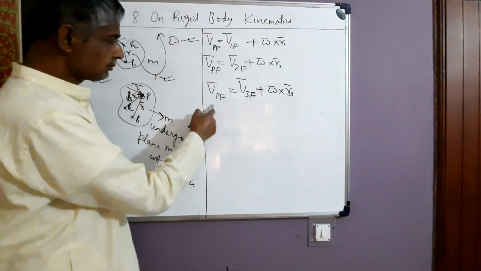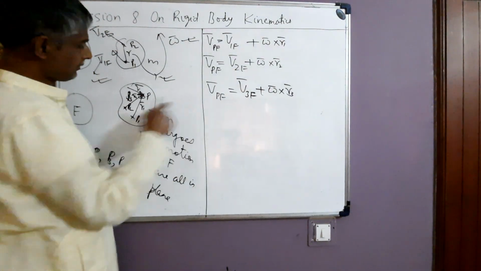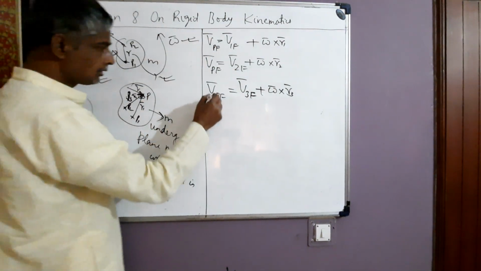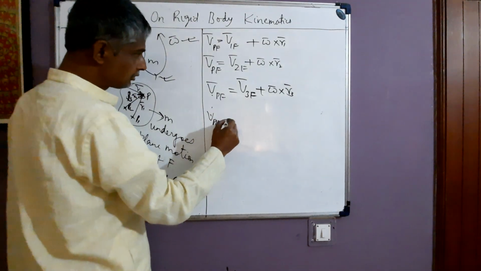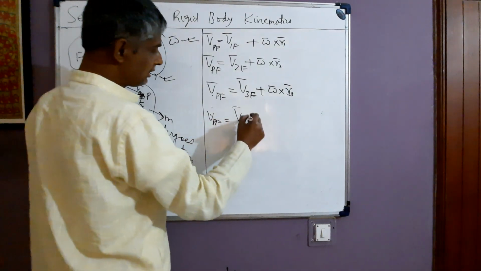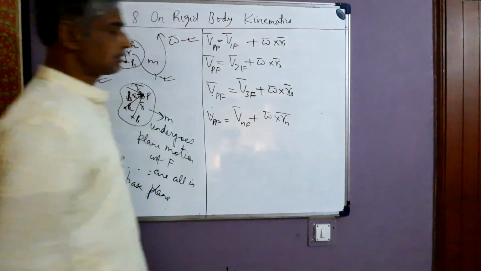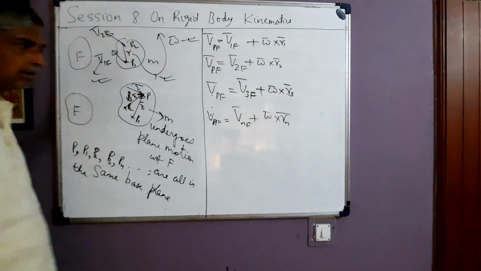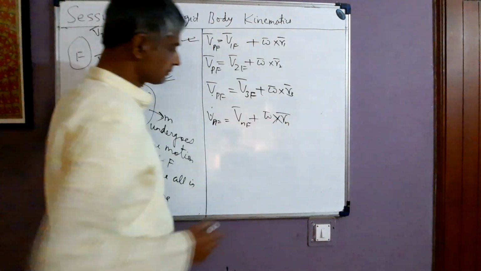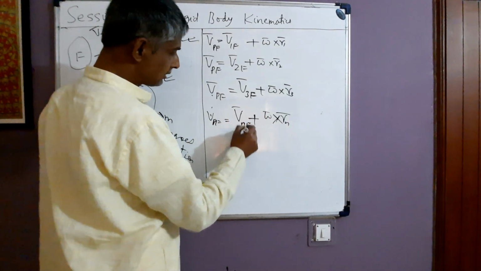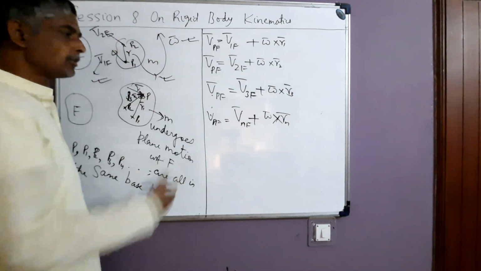If we go up to Pn, with other points in the same base plane, then VPF is equal to VNF plus omega cross Rn. So these are general formulas.